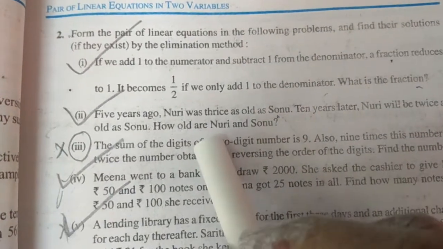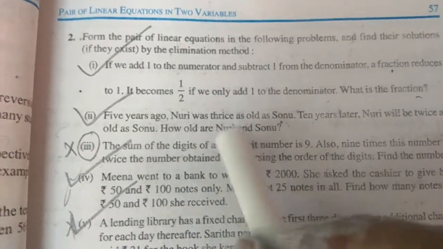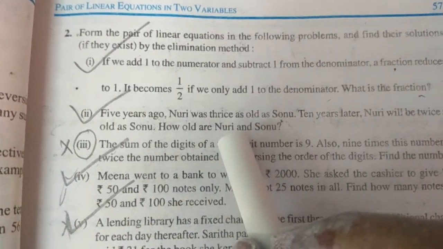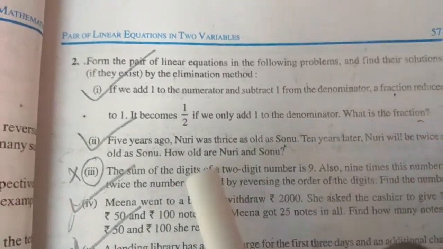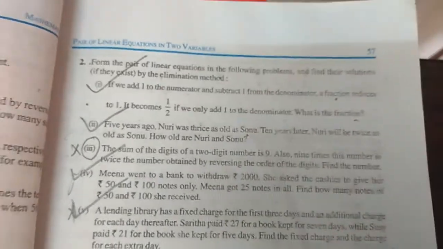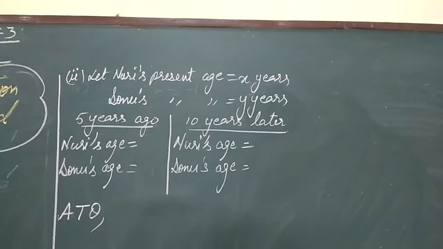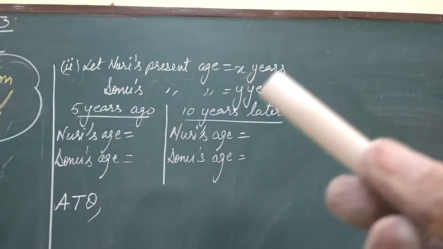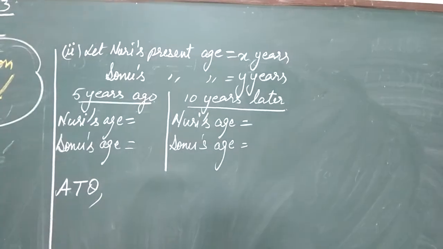As I told you, dear students, whenever the age question is there, you have to start the question from the present ages, right? In this question, 2 characters Noori and Sonu are there. So in the very beginning, you have to assume their present ages. So let Noori's present age be x years and Sonu's present age be y years.